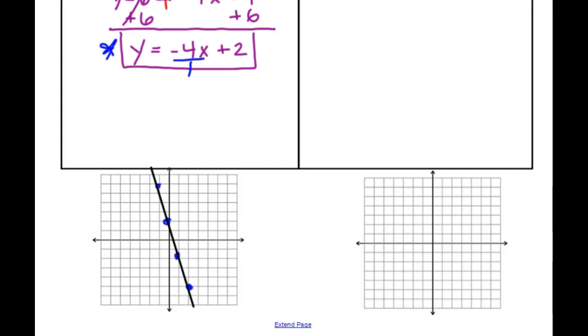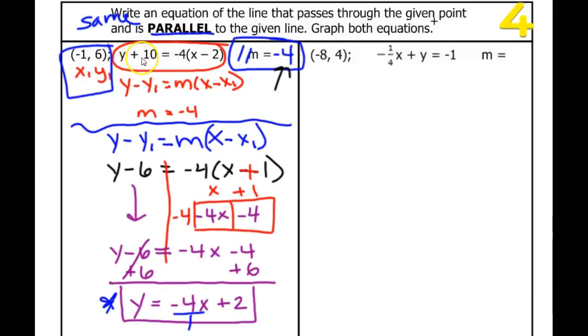The other line we could graph as well. However, this one we would have to solve for y. If we did that, and right now, if you don't want to do this right now, that's okay. However, if they asked you to graph both, you would have to graph both. And we would need to distribute to get rid of our parentheses.